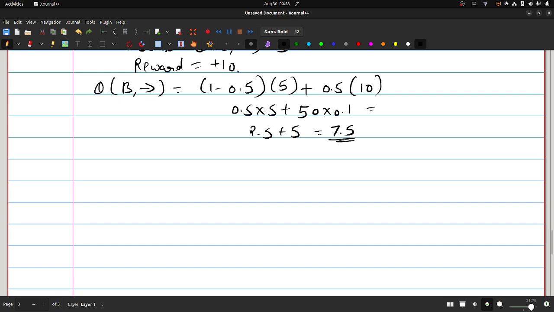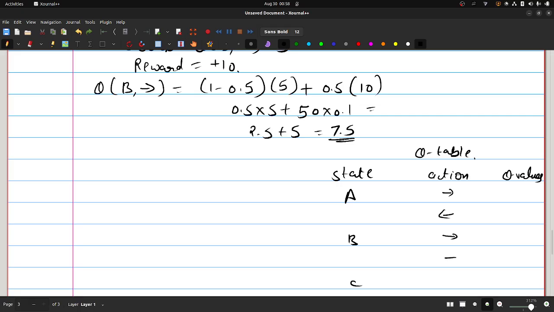Since the episode has ended, we have to again write the Q table. These are our states, these are our actions, these are our Q values. We have three states A, B, and C. We have actions right and left.